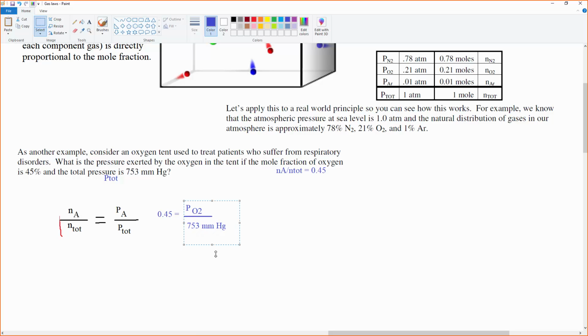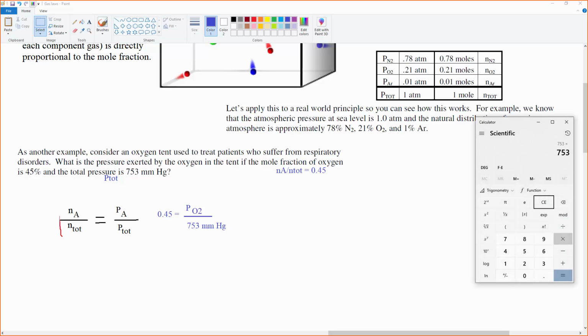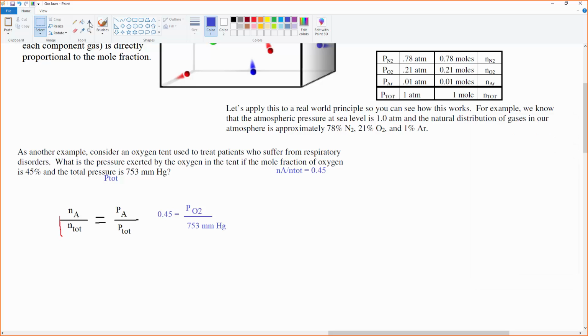And we can solve for the partial pressure of the oxygen, or the pressure exerted by just the oxygen, by multiplying 753 by 0.45. And we see that the pressure being exerted by the oxygen is 339 millimeters of mercury.